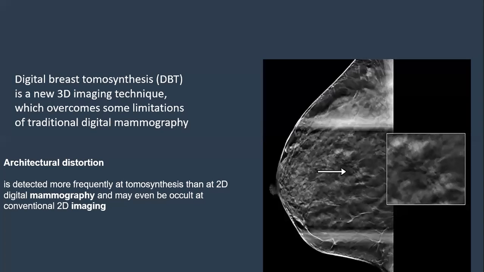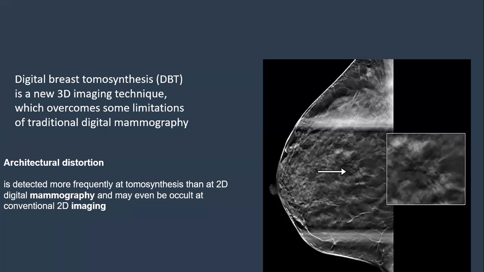Okay, what about this image? What does it demonstrate? This is a tomosynthesis image. Excellent. It shows an area of architectural distortion as radiating lines from a lucent center. And the square, what about the square?